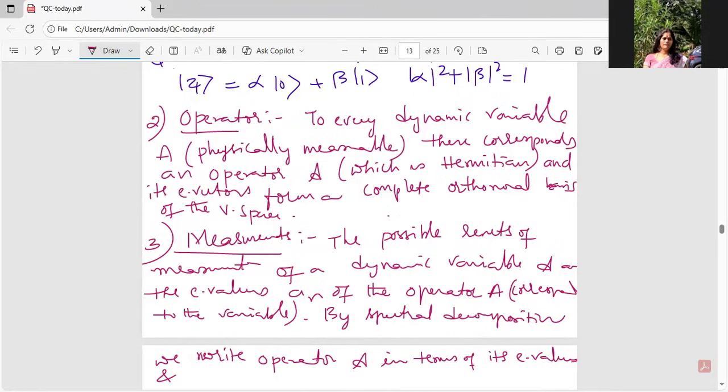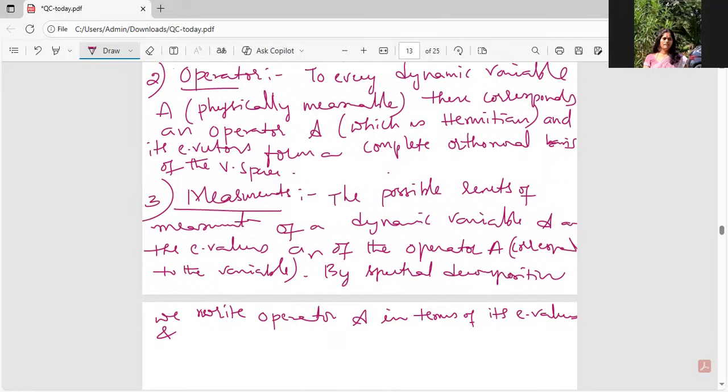And of course, once I say eigenvalues, projection operators also come into the picture, and the corresponding projection operators. Corresponding projection operator, see here, Pn is given by the outer product of Un.